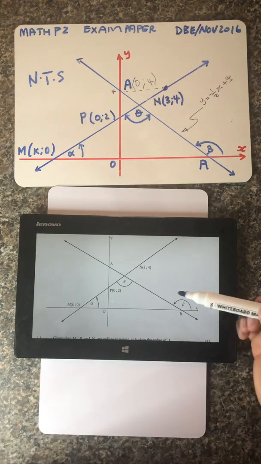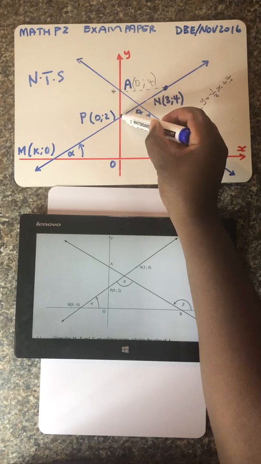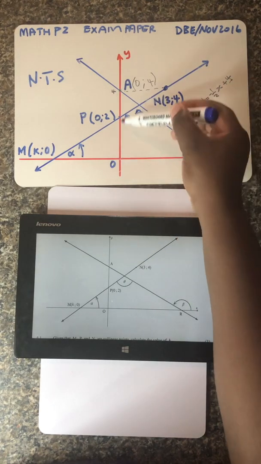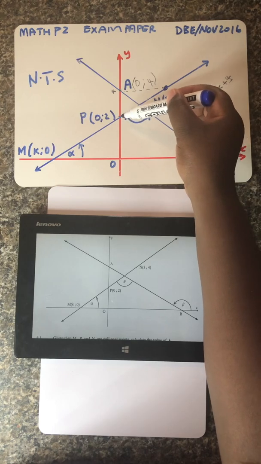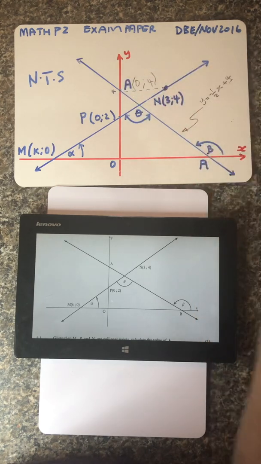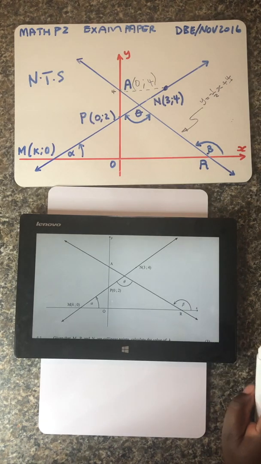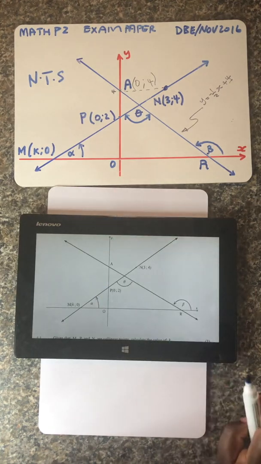You'll realize that since that point there is 2, then from there to there was supposed to be equal to from there to there. Can you see? But in my case, it doesn't seem to be equal because it's a hand-drawn diagram. It's not for the purpose of having everything accurate.